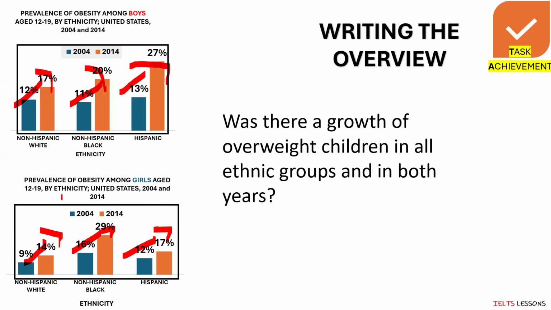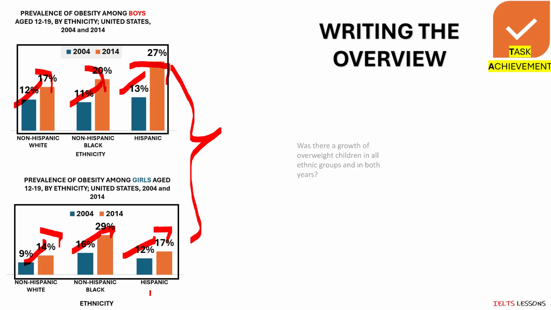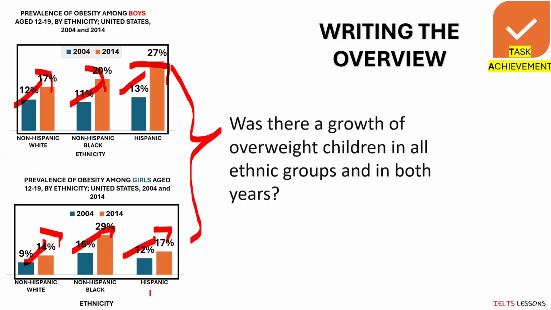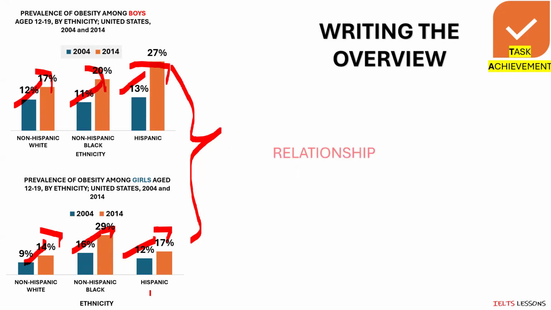So the most obvious one is that there is a growth of obesity in both genders, boys and girls, in these three ethnic groups: the non-Hispanic white, non-Hispanic black, and Hispanic groups. So there's an increase of obesity rate in the US in these ethnic groups. So there is a group with the same pattern. All right, so the answer is yes.